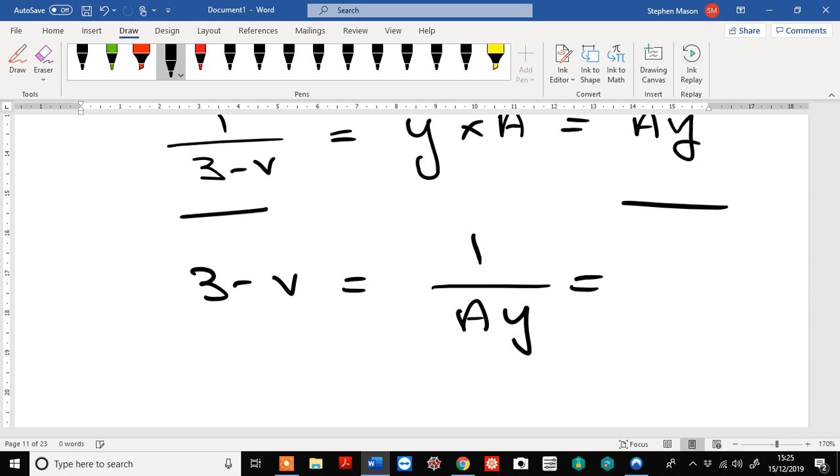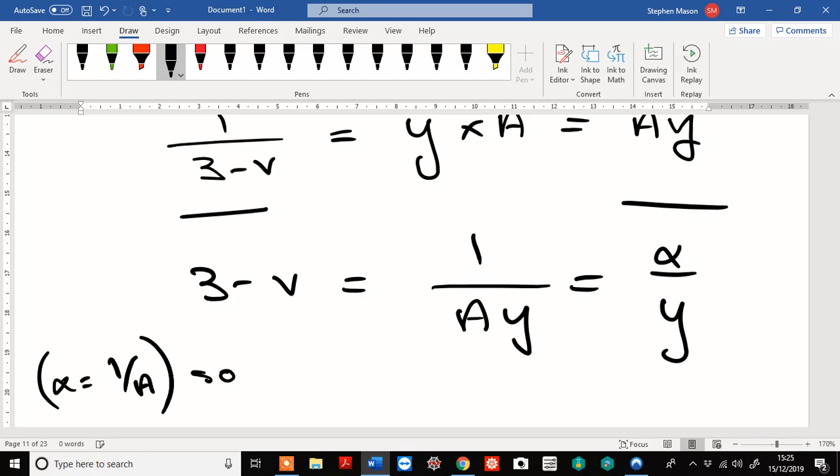That can actually just be written as alpha over y, where alpha equals 1 over a. It doesn't really matter what you call it. So we've got 3 minus v equals alpha over y.